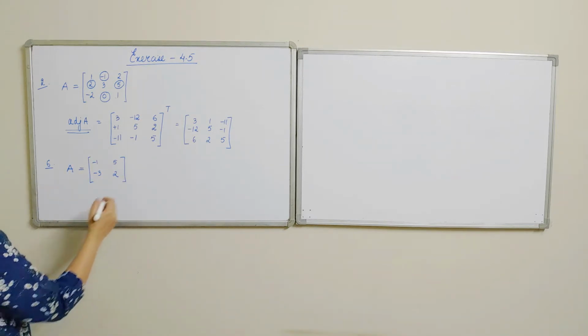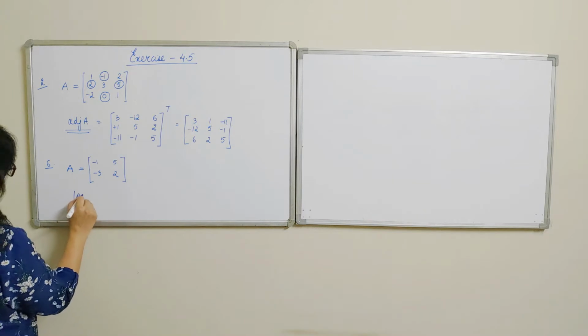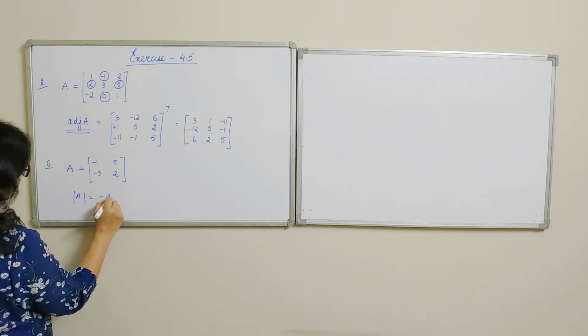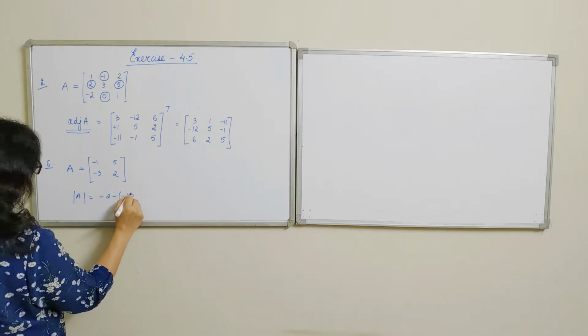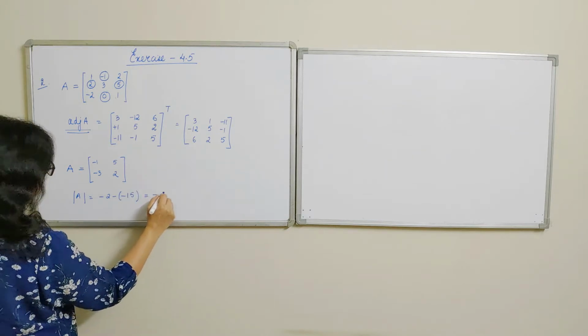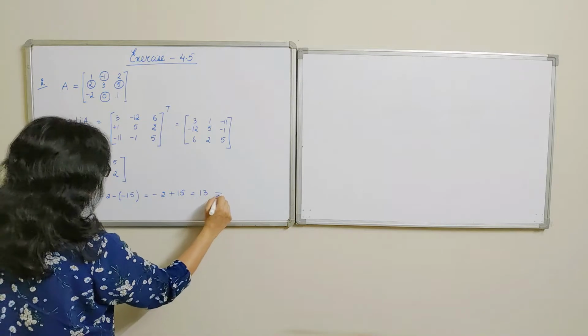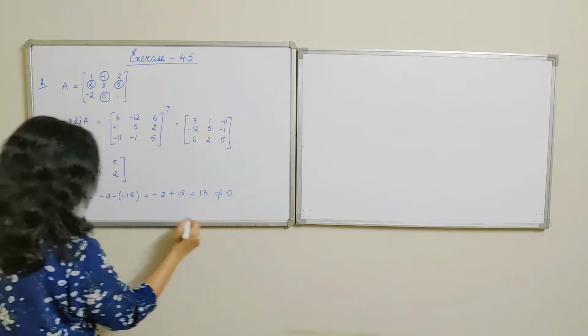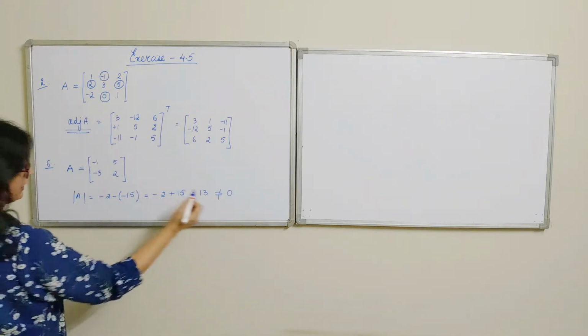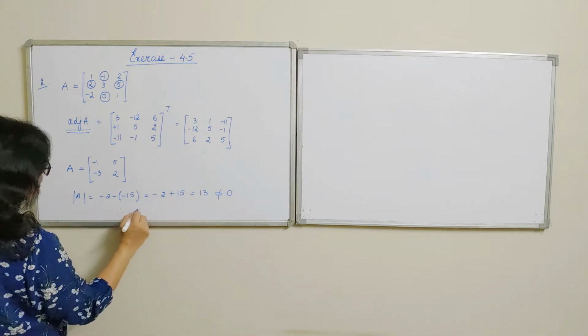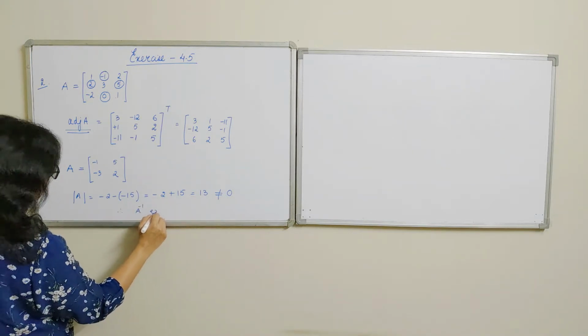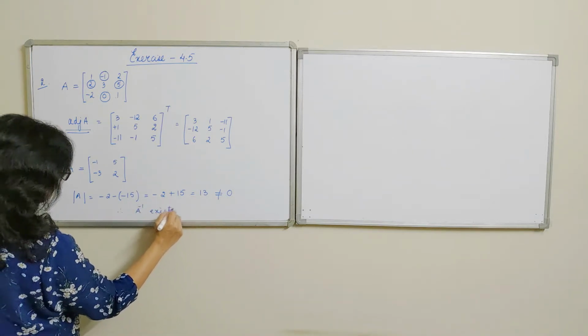So we'll first of all find out the determinant of matrix A, and the determinant is minus 2 minus of minus 15, that is minus 2 plus 15, which is 13. It is not equal to 0. Because determinant A is not equal to 0, we know that A inverse exists.